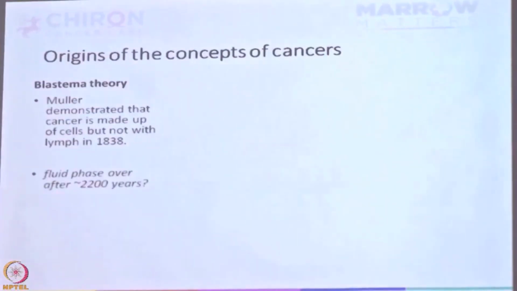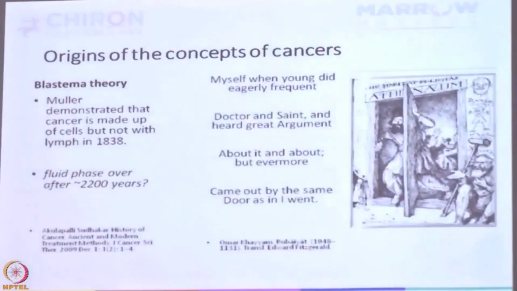So the fluid phase, if you can call it that, endured for 2200 years, until somebody figured out it is not the fluid, it is the cells in between the fluids, right. And then you have this poetry by Omar Khayyam. I do not know if anybody has read the Rubaiyat, and he wrote long ago that I am sick and tired of doctors and saints. I talk to them, they give me theories, it is junk.